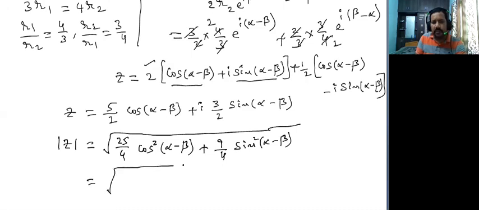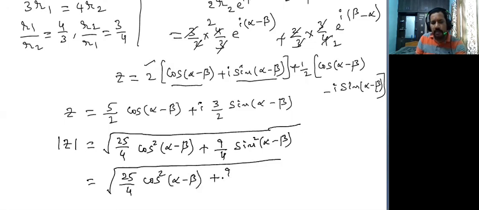Sine square theta, what is the formula? 1 minus cos square theta, right? Now 25 by 4 cos square alpha minus beta plus 9 by 4 into 1 minus cos square alpha minus beta. Sine square theta means 1 minus cos square theta.